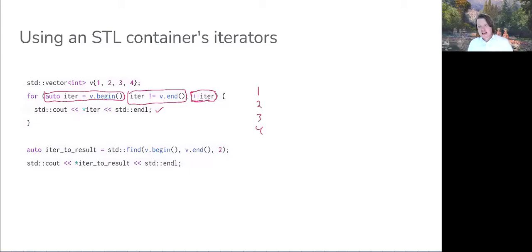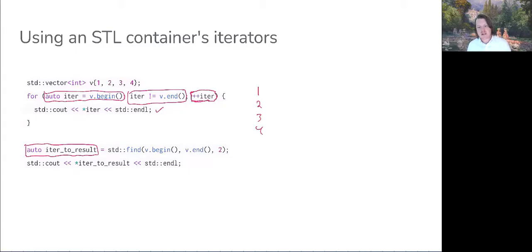Now, I kind of alluded to this, but let's go ahead and apply this to an STL algorithm. Find is going to return an iterator to the element if it is found within the container. Otherwise, it will return an iterator to one past the last element. So I'm going to go ahead and use auto here. It just makes this easier. I'll let the compiler figure out what the type of the iterator is, and we'll hopefully show why this is a little bit later in the course.